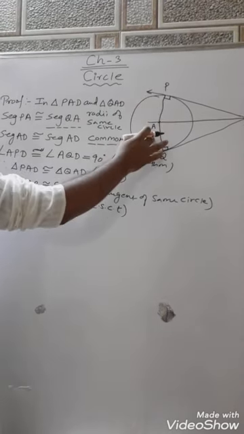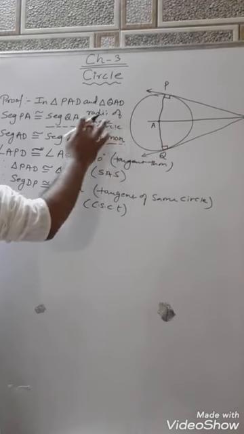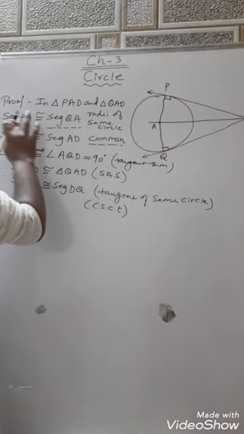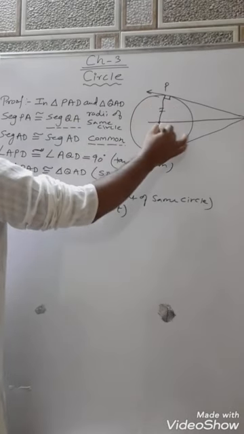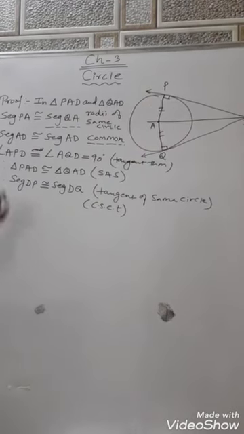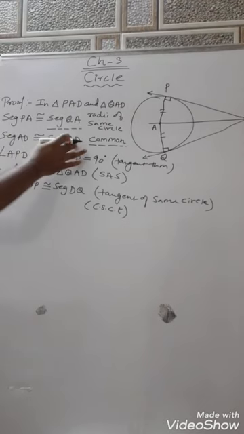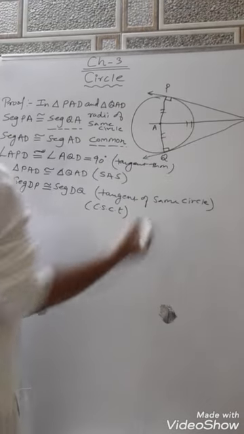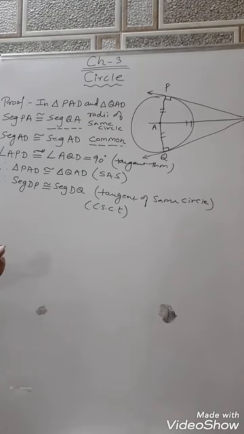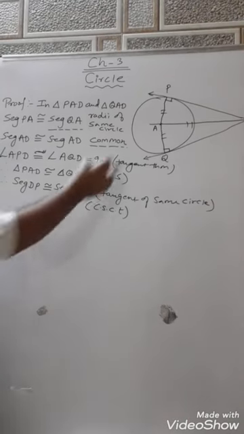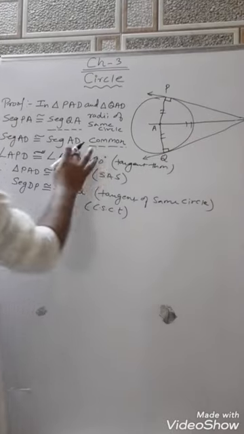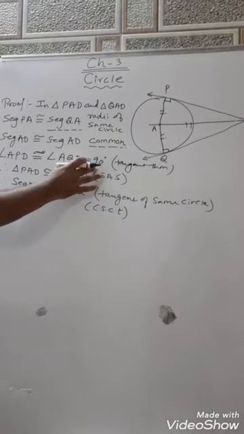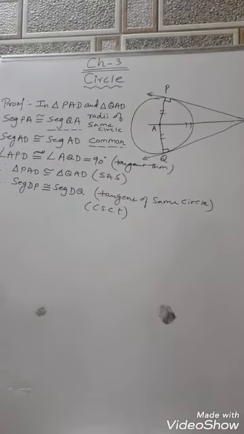PA is equals to QA. Why? Radii of the same circle. These two are the radii of the circle. Then AD is congruent to AD. It's common in both the triangles. And angle APD is equals to angle AQD equals to 90 by tangent theorem.